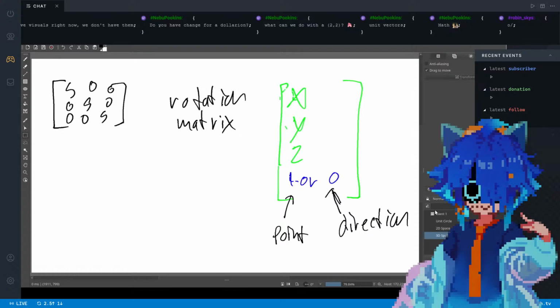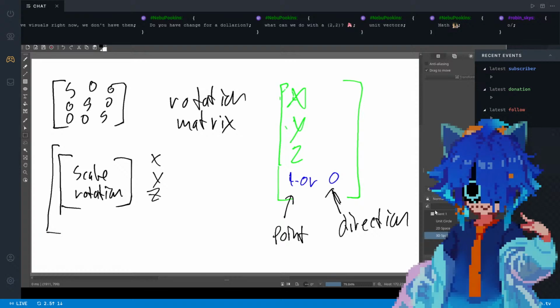And then what do we do? Well, we create a new matrix. So we have our 3 by 3 scale/rotation matrix. And then we have next to it, inside of a 4 by 4 matrix, translation along the X, translation along the Y, translation along the Z, 1.